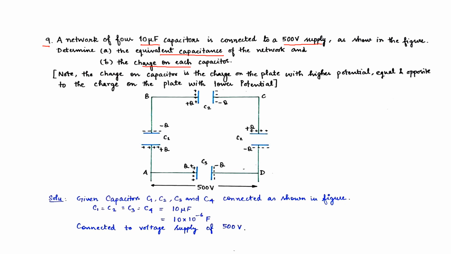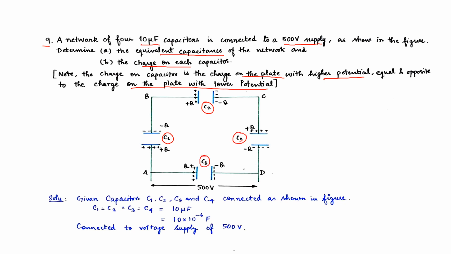Note, the charge on each capacitor is the charge on the plate with higher potential, equal and opposite to the charge on the plate with the lower potential. So, understanding what the question aims at, we are given 4 capacitors C1, C2, C3 and C4.